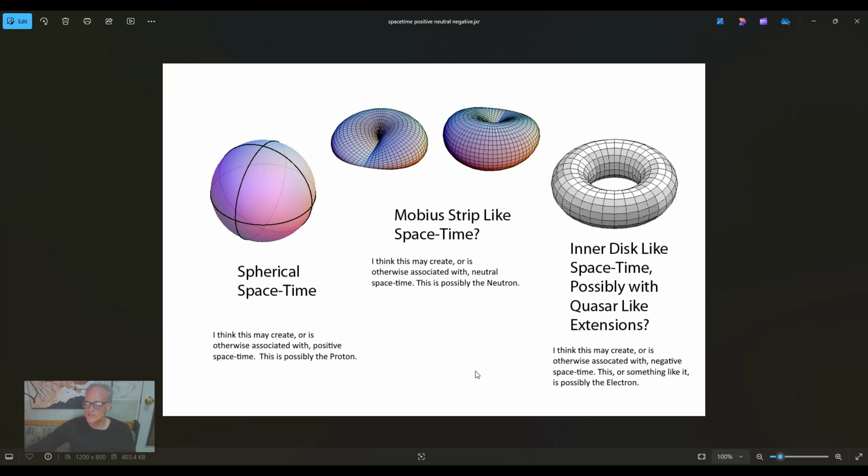So I'll just pop these things up here for a moment so that you can get a better understanding. Yeah, this is called the projective plane, or you understand it like with Mobius strips, you know. That's what I would think of as the neutron, and this would be the proton, and this would be the electron.